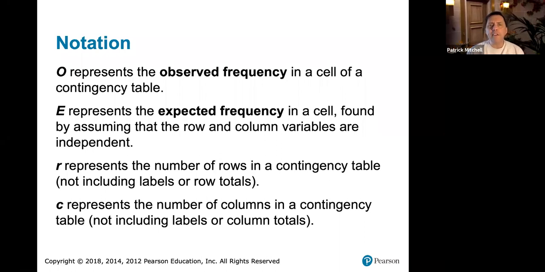O will represent the observed frequency in a cell of a contingency table, and E will represent the expected frequency in a cell, found by assuming that the row and column variables are independent. Next, we will use R to represent the number of rows in the contingency table, not including labels or row totals. And C will represent the number of columns in a contingency table, again, not including labels or column totals.